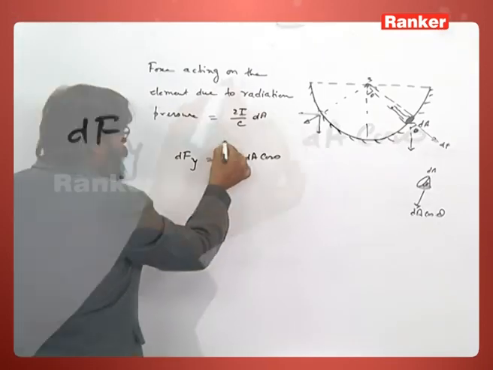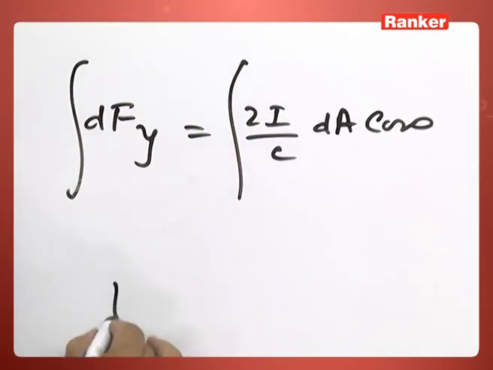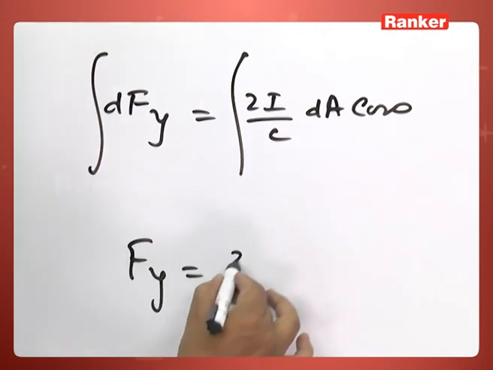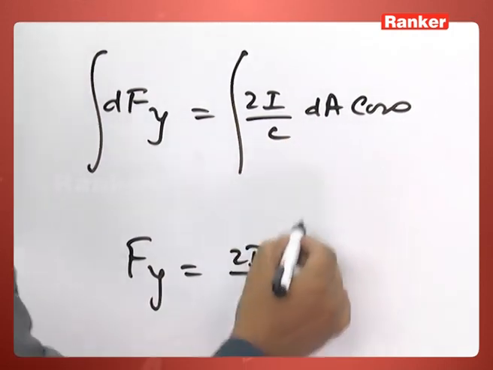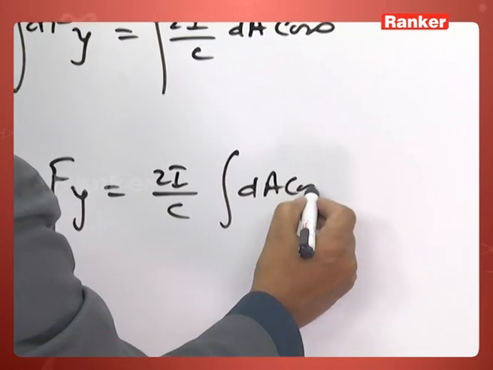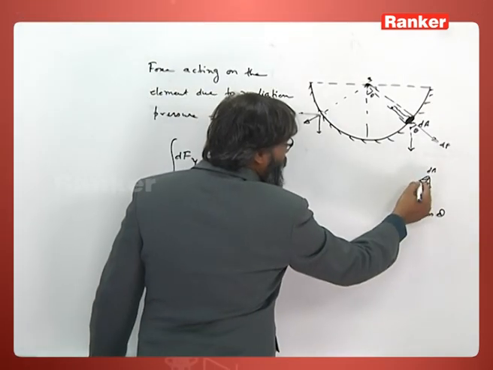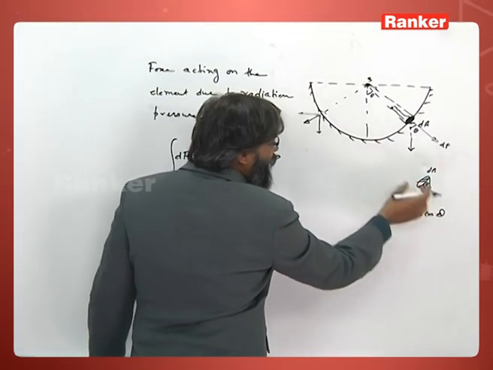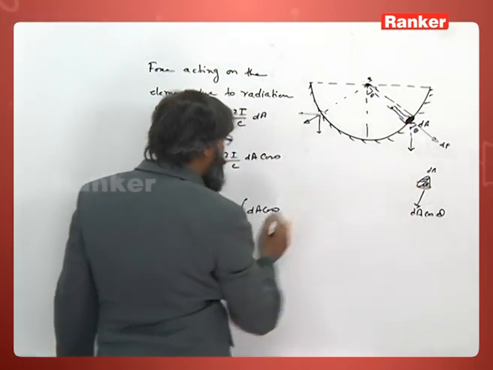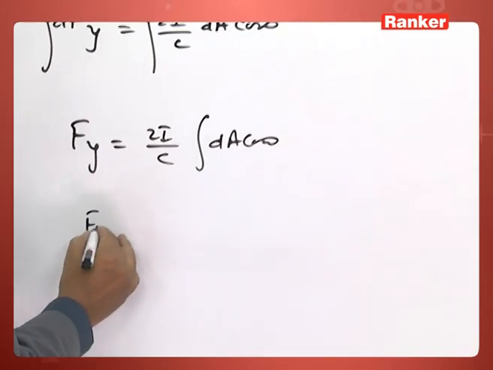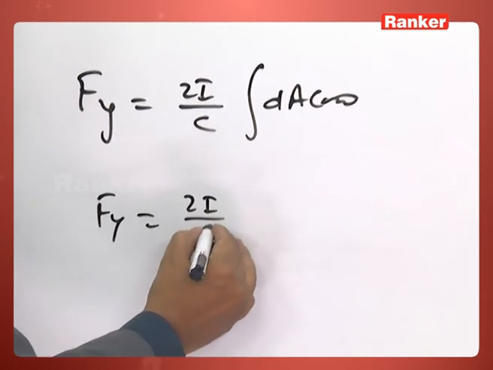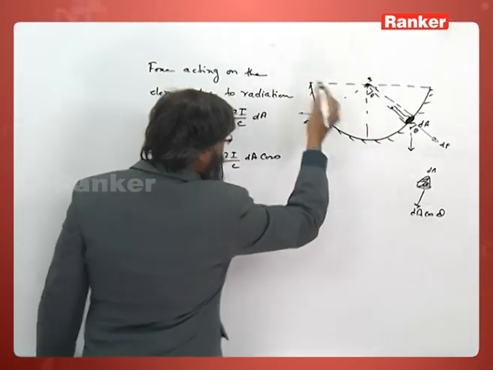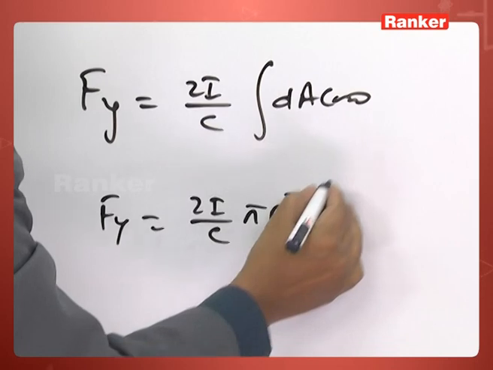Now we want the total force, so I will integrate it. So the total force along y will be 2I by c and integral dA cos theta. Now what is dA? dA is this area and dA cos theta is the projection of this area on the horizontal plane, whose integral gives pi r square.